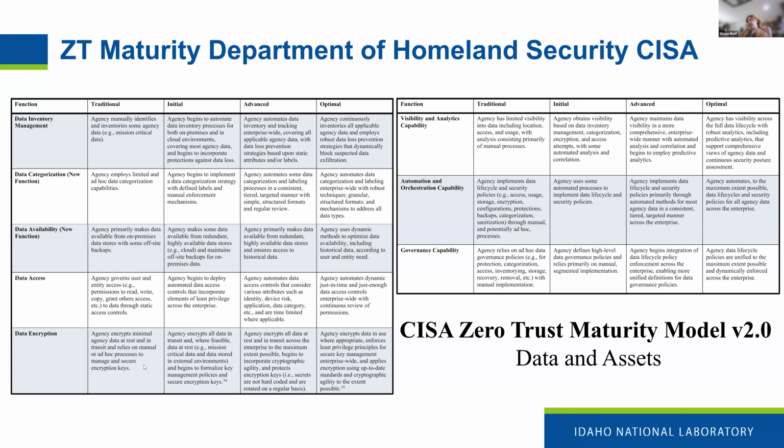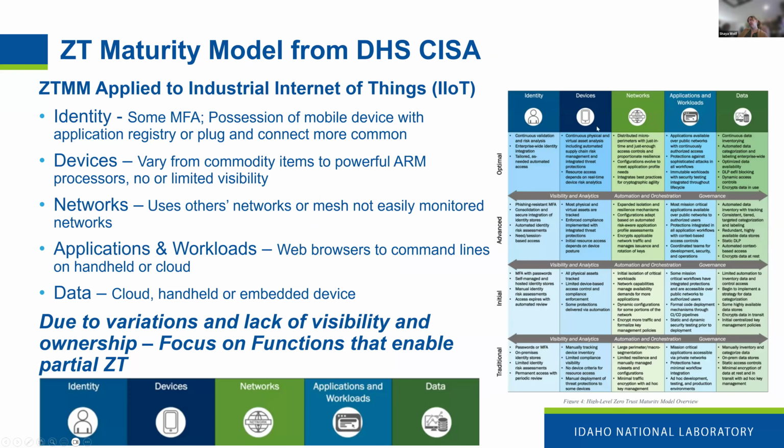So we like that CyTE breaks things down and tells you, okay, it's actually across all of these different measures, and this is just data and assets. They work up from traditional to initial work in Zero Trust, and then people who are more advanced at it, and then where you're getting to the optimal, now you're running some true Zero Trust architectures.